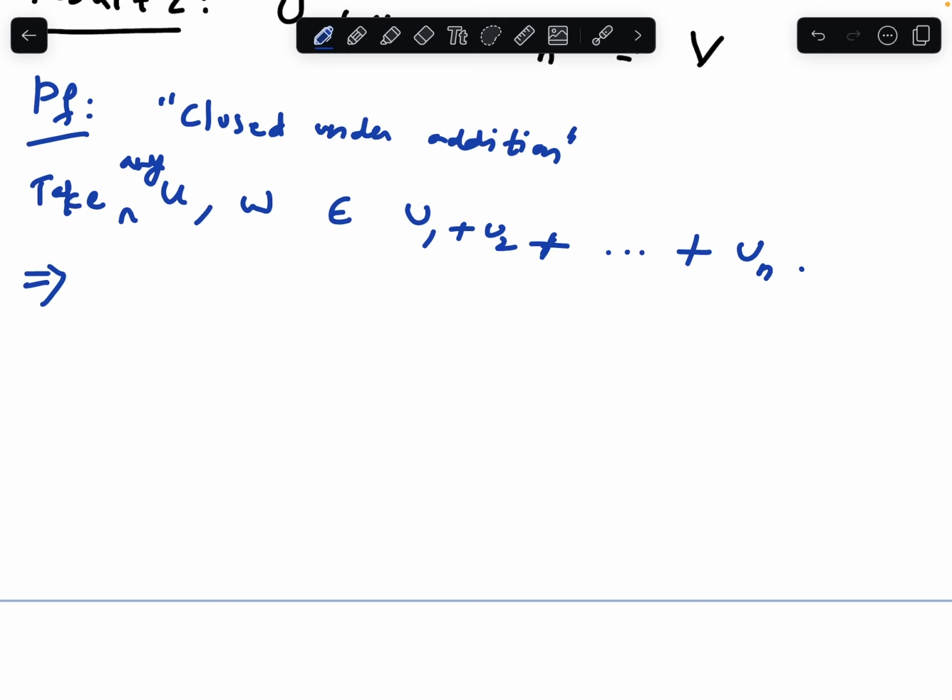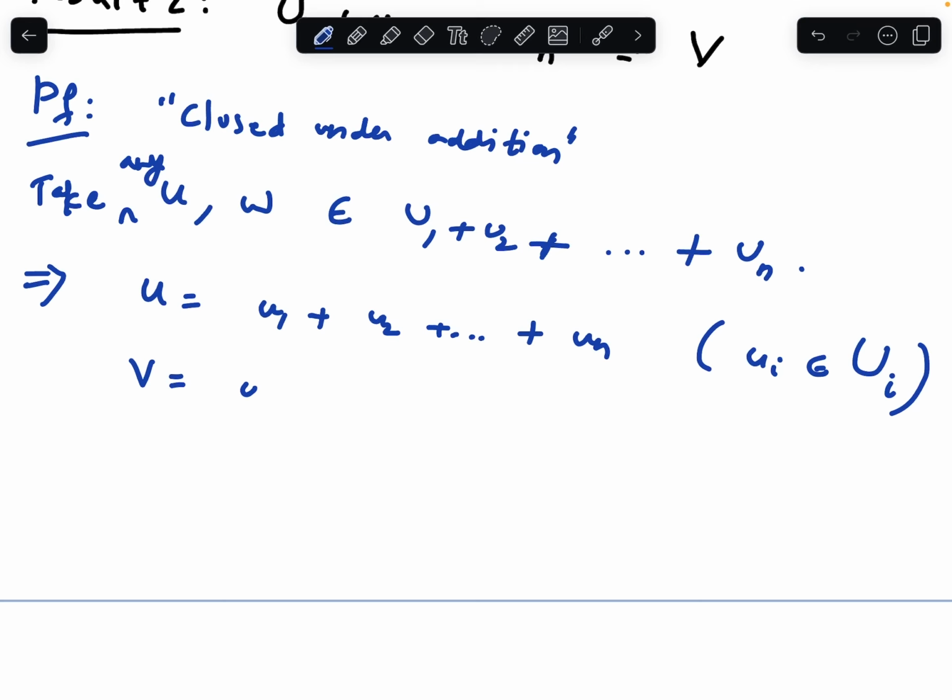It means that u is equal to small u1 plus small u2 plus dot dot dot plus small un, where each ui belongs to Ui, right? This is the meaning of this statement. Similarly, w is equal to u1 prime plus u2 prime plus dot dot dot plus un prime, where each ui prime belongs to Ui.